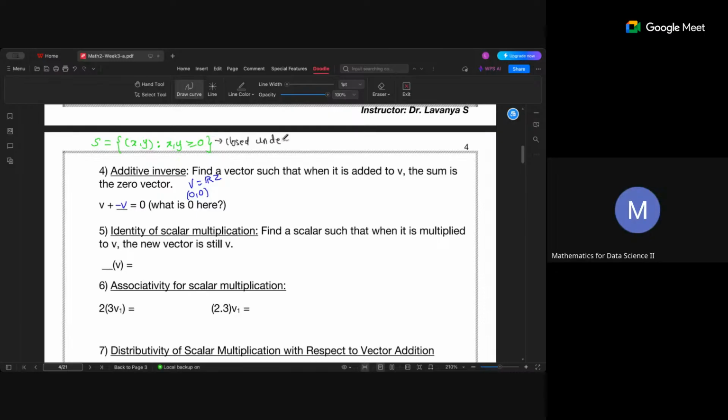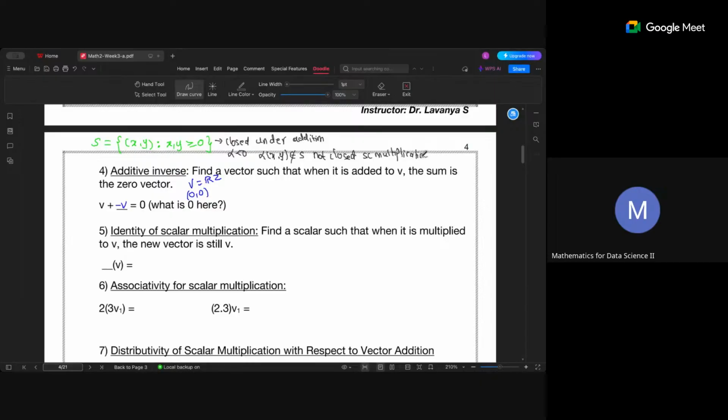Is it closed under scalar multiplication? Are you sure? What if alpha is negative? It should be true for all real numbers. Then only you can say closed under scalar multiplication. So for alpha less than 0, alpha times x comma y does not belong to S. So it is not closed under scalar multiplication.